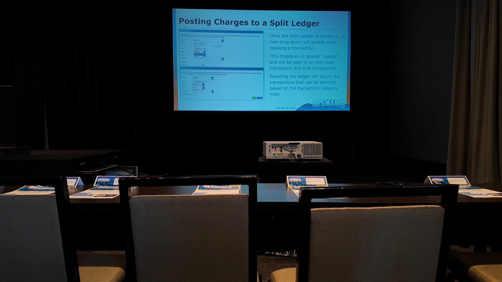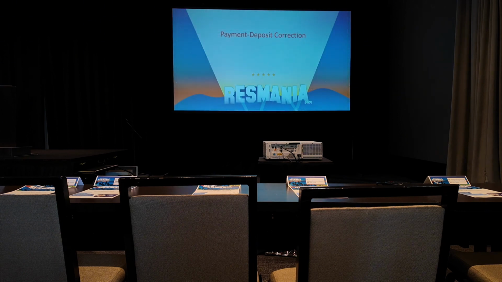You guys thought I was just giving you a lot of information for no reason, but I promise it all makes sense once you see it all. Okay? So it follows the rules for where the payment goes based on that transaction category you established a couple of slides earlier. All right. Any questions about split ledgers before we move into payment deposit correction?